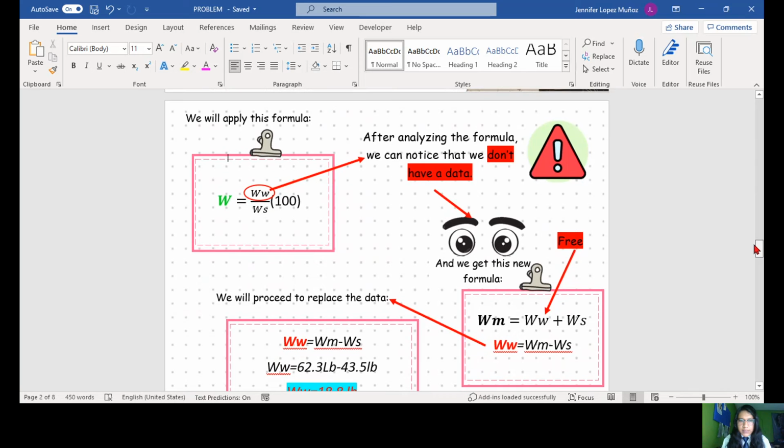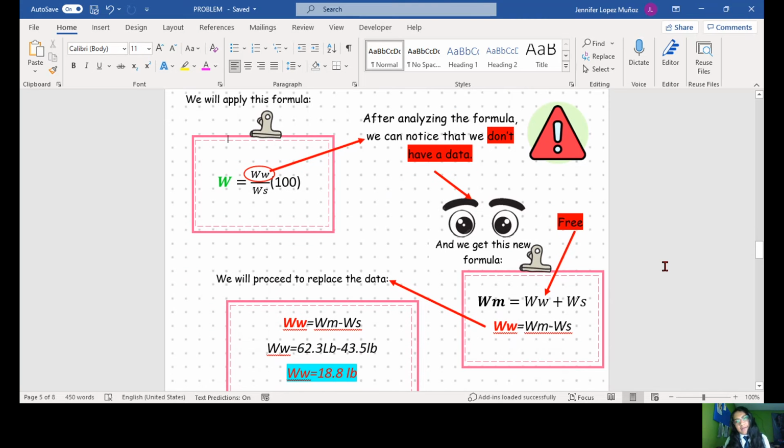The formula says the humidity equals water weight divided by solid weight, times 100.